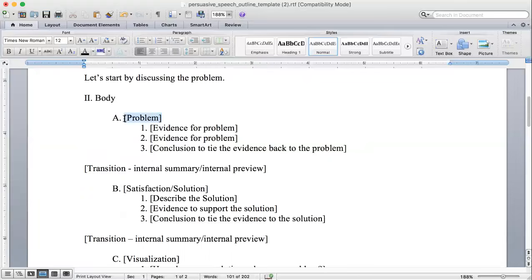So the first thing we're going to do is make our claim, and we're going to say texting and driving is a problem. Now we're going to provide some evidence to explain why this is a problem.